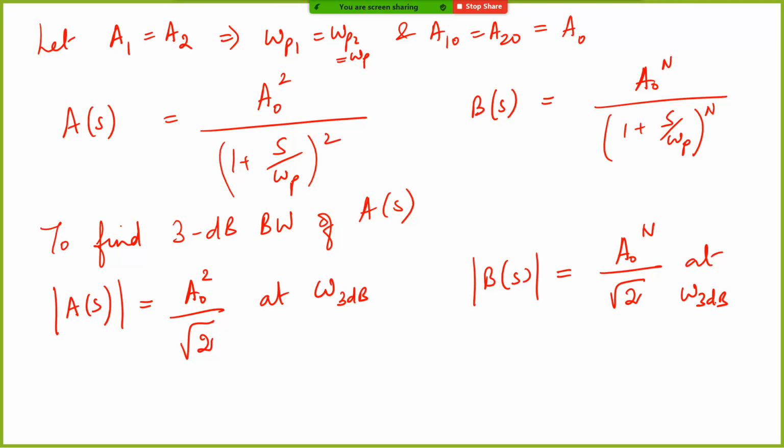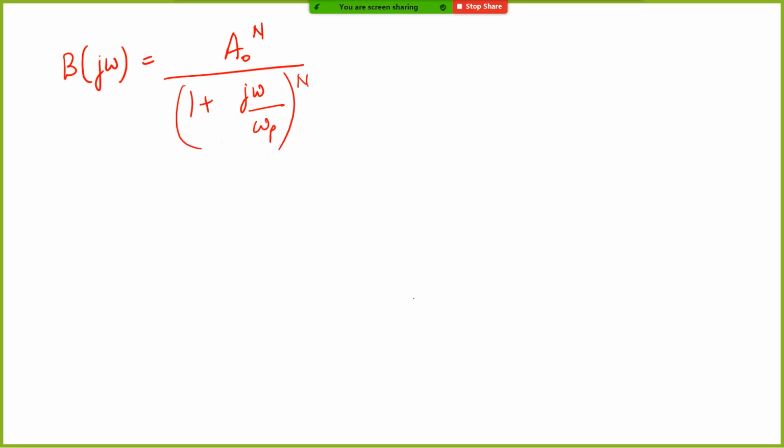Now, what is B of j omega? B of j omega is A naught to the power of n divided by (1 plus j omega divided by omega p) to the whole power n.